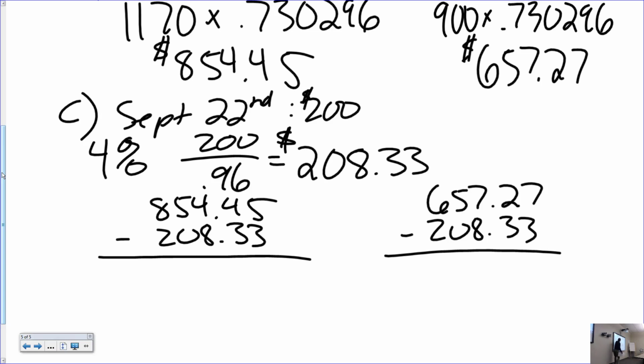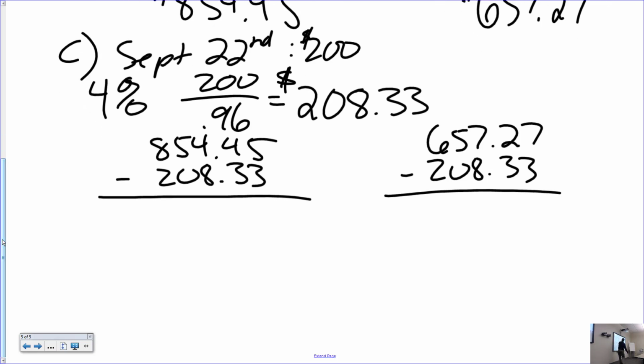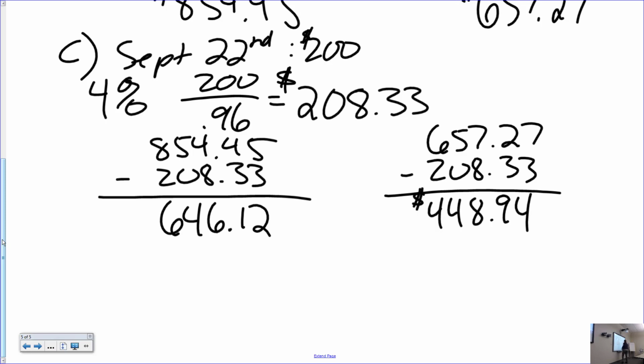So there was like 3 points for doing this whole part correct, 1 point for getting the discount correctly, 2 points for doing the division correctly, and then another 2 points for making sure that you subtracted the right way. This is why there were variant numbers floating around here between 2 and 3. But this, we were down to 646.12, or we were down to 448.94, depending on which test you had.